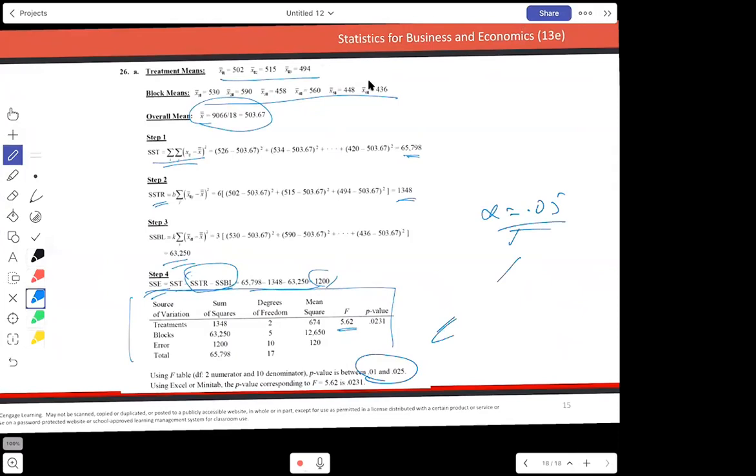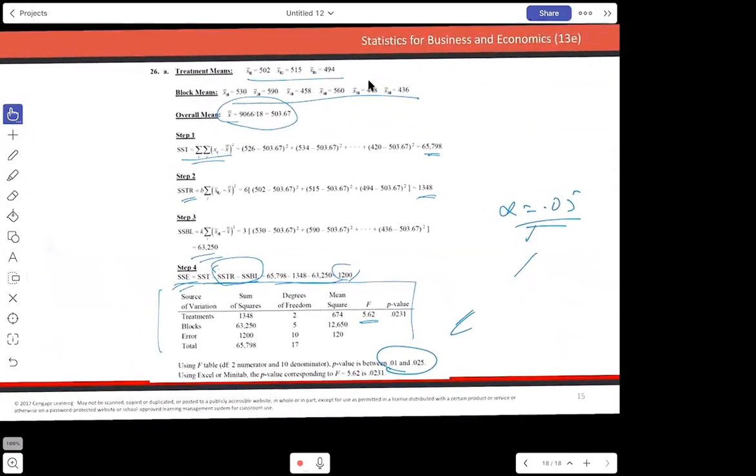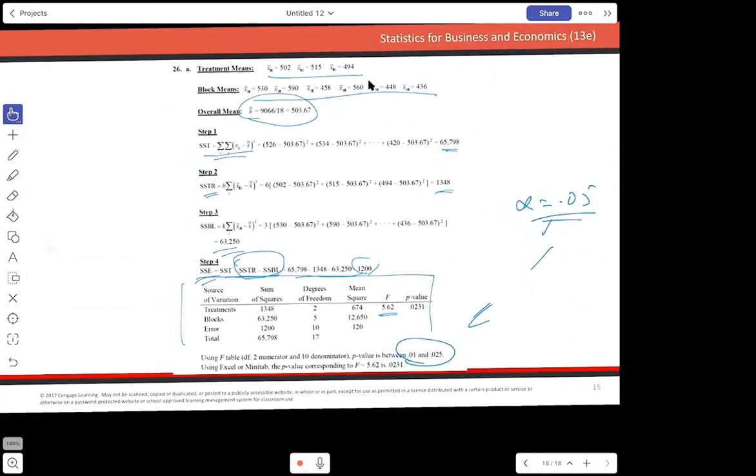So just to summarize, we just covered the randomized block design, and the idea behind randomized block design is that it allows us to control for sources of variation other than the treatments.